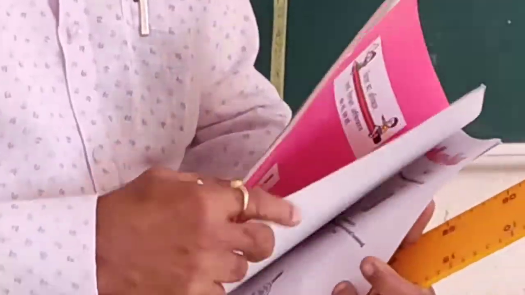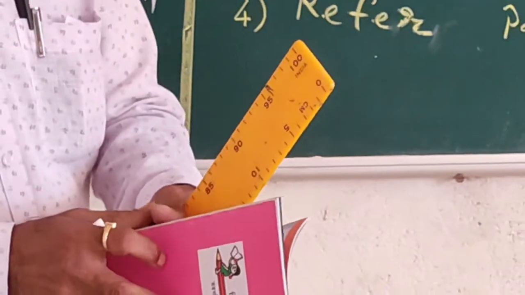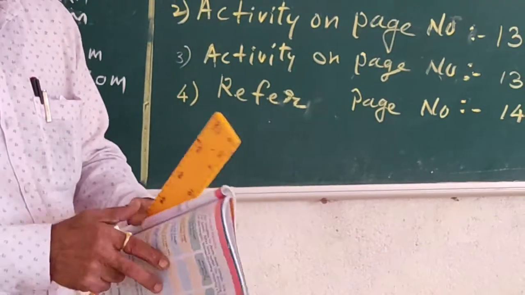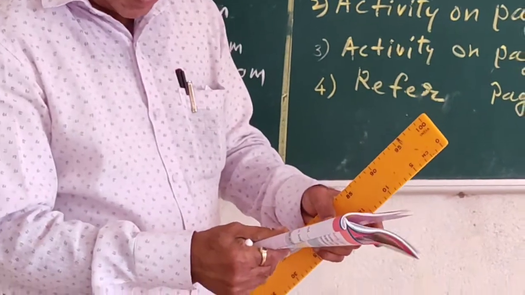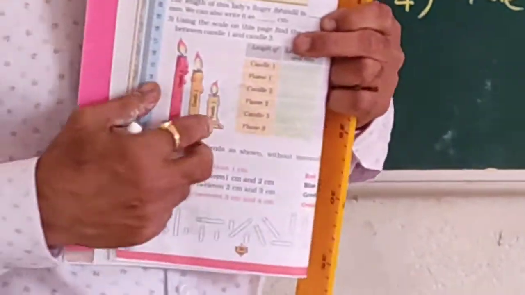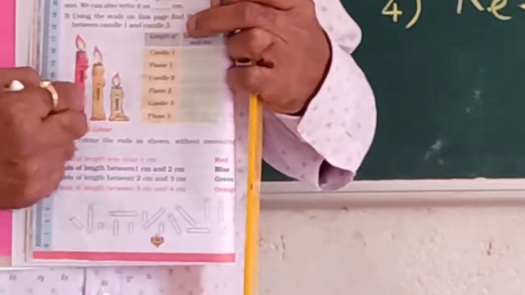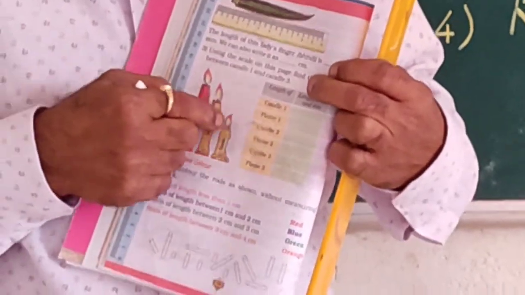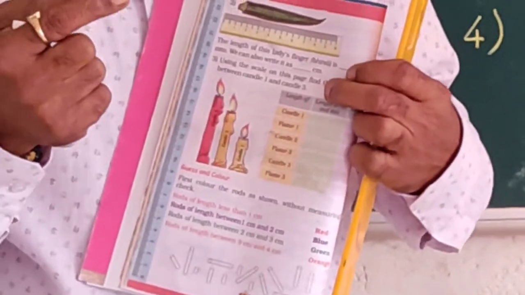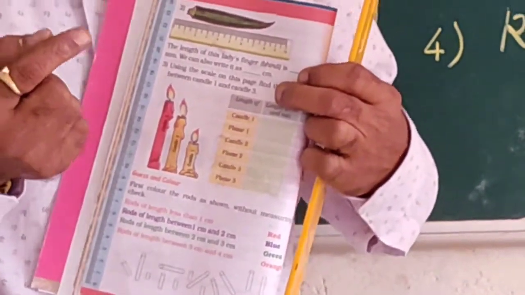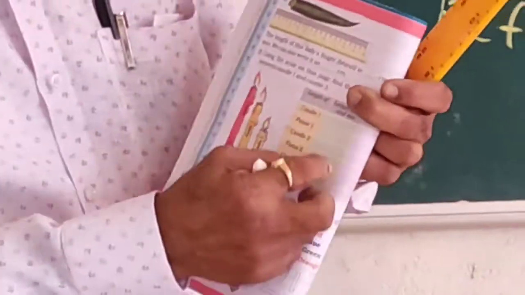You perform that activity; read the textbook first and then perform the activity. On page number 136, you can see the candles are given. You have to measure the flame of this candle with the help of a scale. It may be 3.2 point something centimeter. Then a column you have to fill.